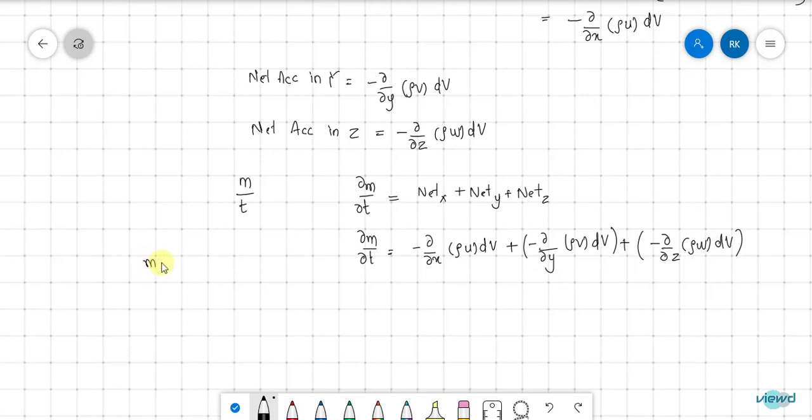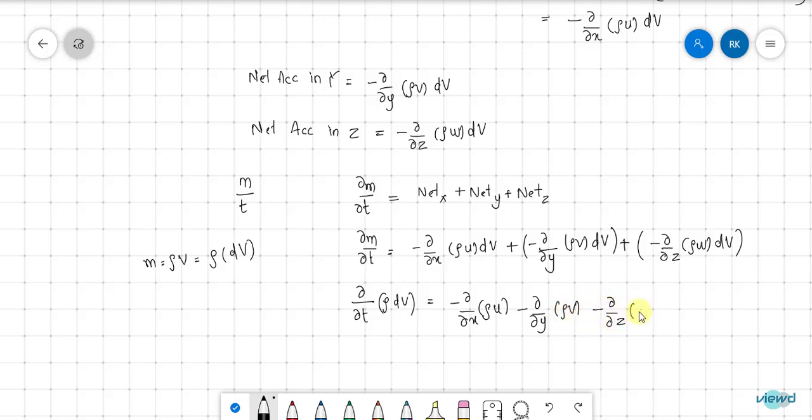So mass is equal to density into volume. Here density is ρ and the volume is the differential volume dV. So ∂/∂t of mass, which is density into dV, is equal to minus ∂/∂x of ρu minus ∂/∂y of ρv minus ∂/∂z of ρw, into dV.